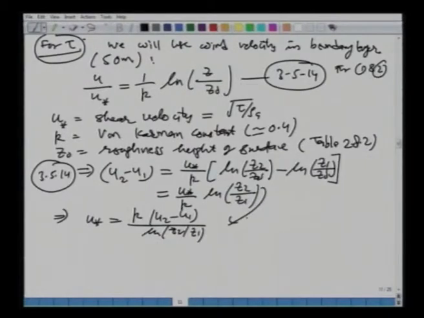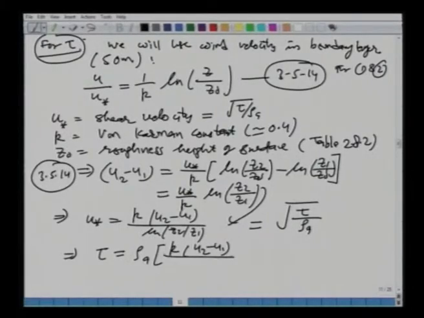I have just come from here to here. Now, u star is equal to square root of tau over rho a. That means, you just simplify for tau, that will be rho a times k times u2 minus u1 divided by natural log of z2 over z1, all of that raised to the power, because there is a square root here, square.